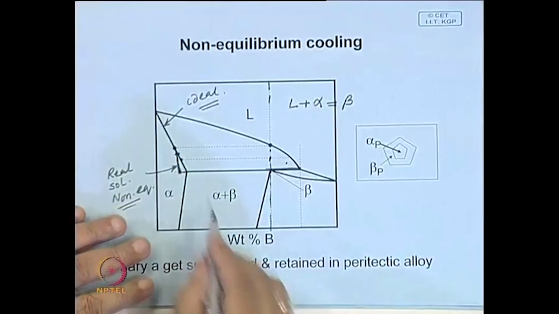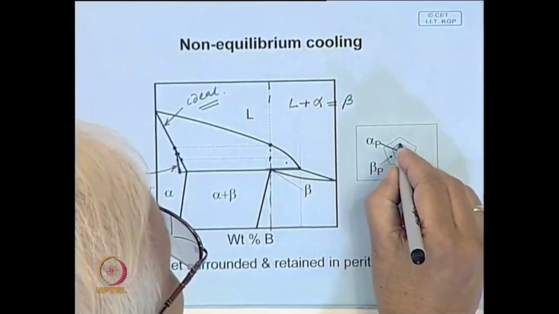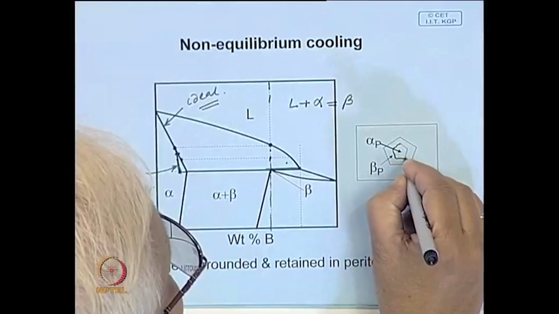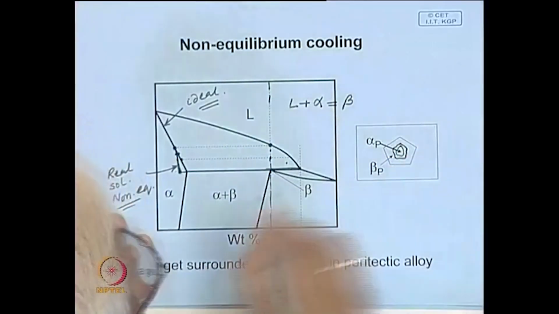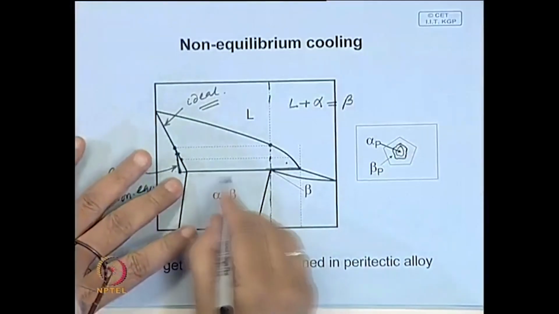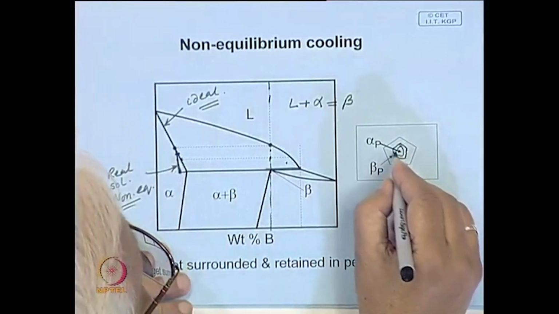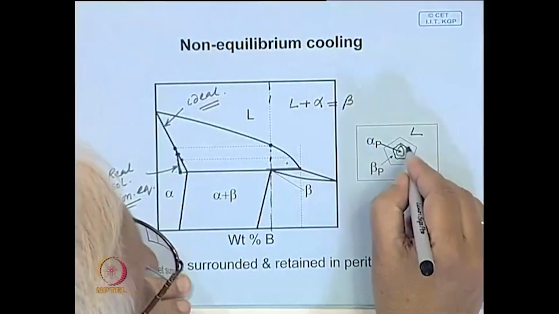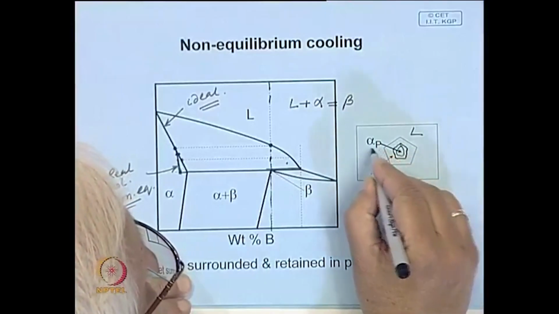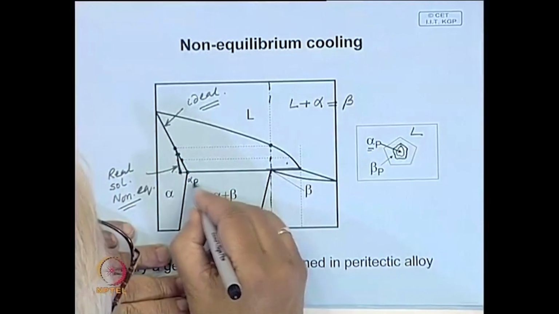So here what is happening, there is coring no doubt. That means the primary alpha which has formed has a cored structure. Now, when the peritectic reaction takes place, the surrounding liquid reacts with alpha at the peritectic composition alpha p.